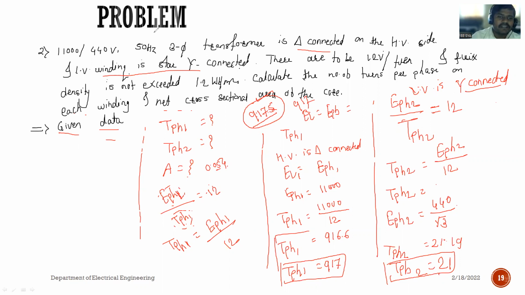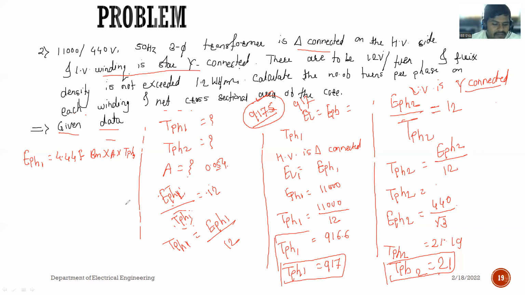So if you use the formula, that is EPH1 is equals to 4.44 F BM into A into number of turns TPH1. So just calculate EPH1 divided by TPH1, which is given, or we use this value of TPH1. From both ways it is same. कुठल्याही वेने गेला तरी ते सेम येईल.